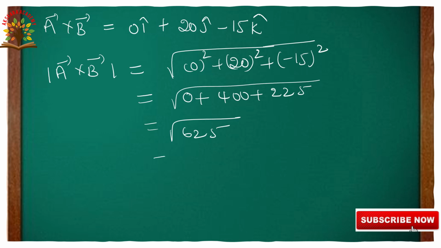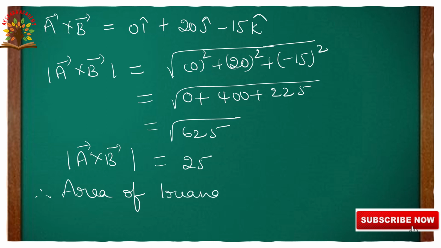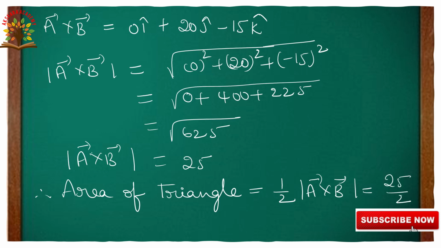Root 625 is 25, so modulus of A bar cross B bar equals 25. Now the area of triangle equals half modulus of A bar cross B bar, that equals 25 by 2, which gives 12.5. This is the area of the triangle.